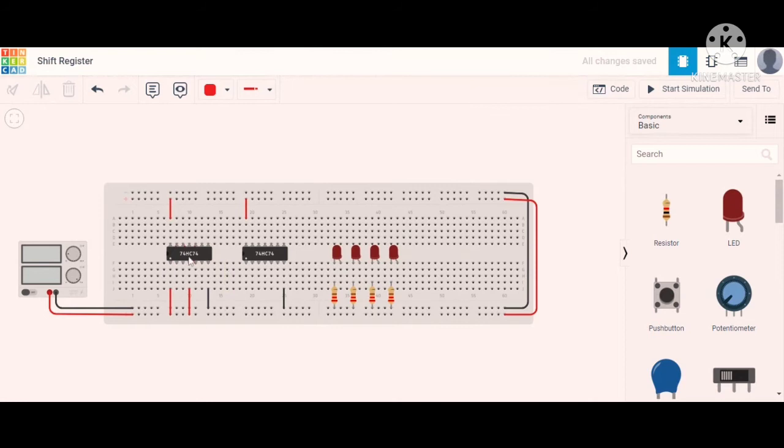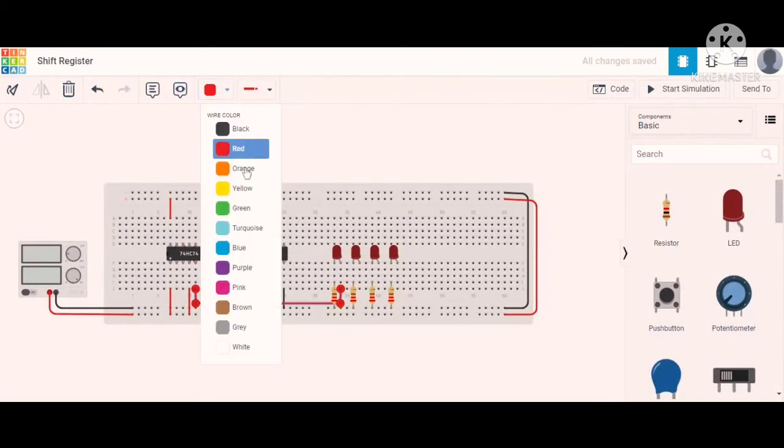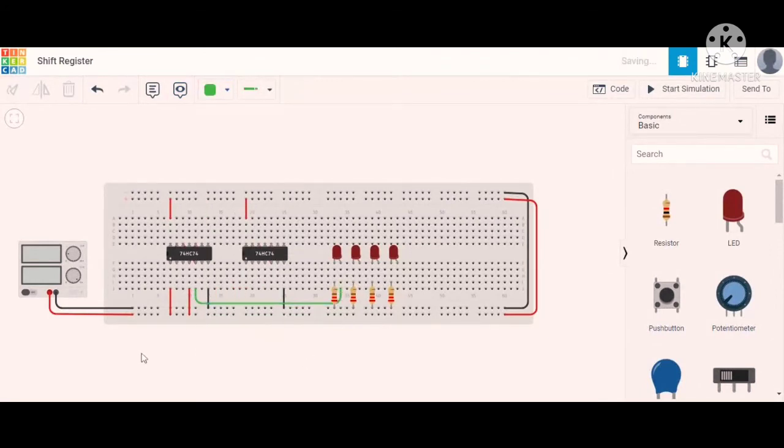After that you see that this one is output 1, and that output we connected to the input of another flip flop, and also we connect that output to the LED. And for the output we are using the green color wire.